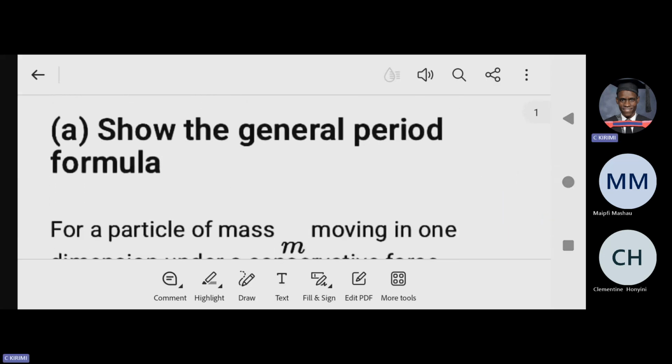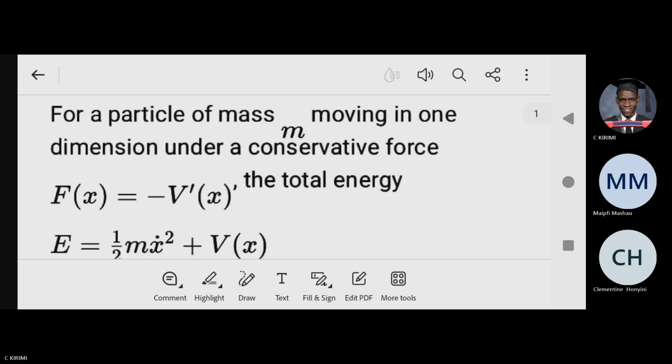All right, show the general form period. So for a particle of mass m moving in one dimension under a conservative force.